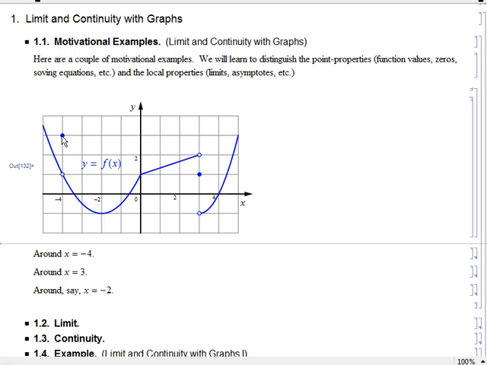What about f of 3? Again, that's answered by a single point, x equals 3. So f of 3 is the y-coordinate value of this second point. That's going to be 1.